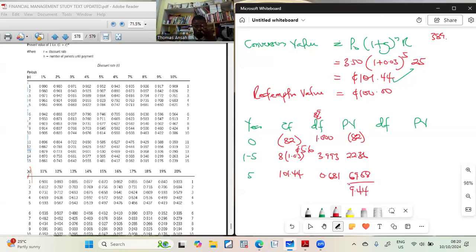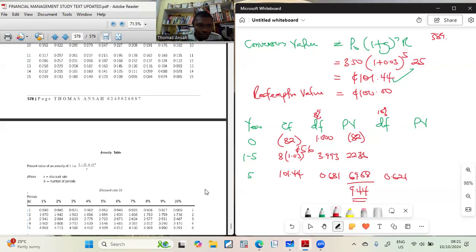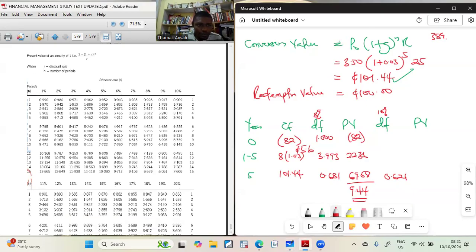Now, I'm going to push forward, and so let's use 10%. So 10%, 5 years. Already, we know the 10% 5-year factor is 0.621. For the 10% 5-year annuity, that's 3.791.